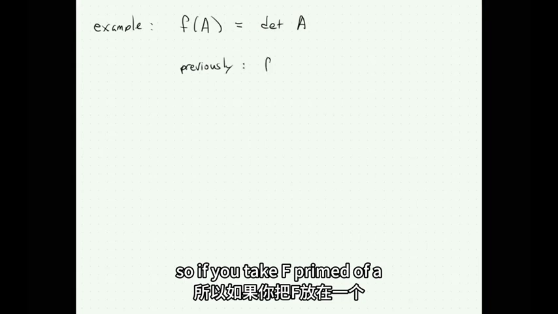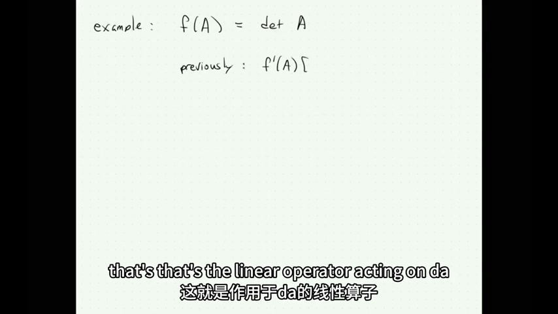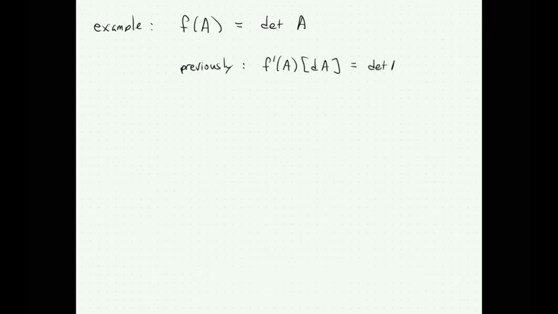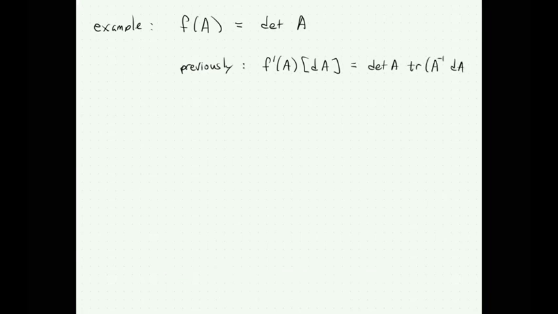If you take f prime of A, that's the linear operator acting on dA. What it gives you is determinant A times the trace of A inverse dA.